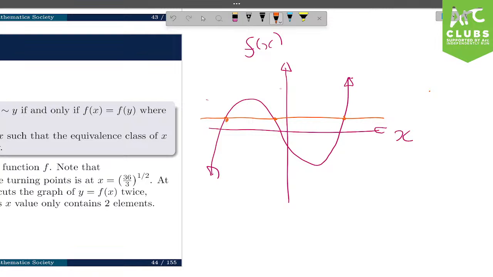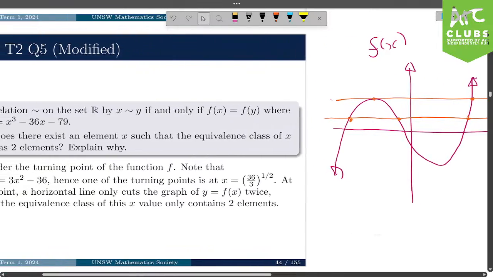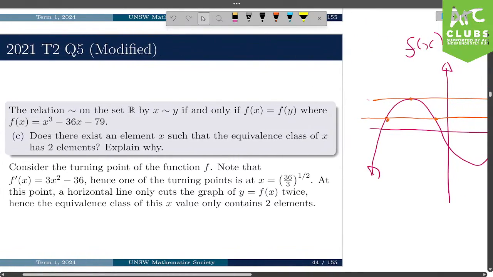So the idea of thinking about a turning point is that if we consider the horizontal line at a turning point, it will only intersect here once, and it will intersect the graph again at another point. So it will intersect at 2 points. That is the idea of considering the turning point.